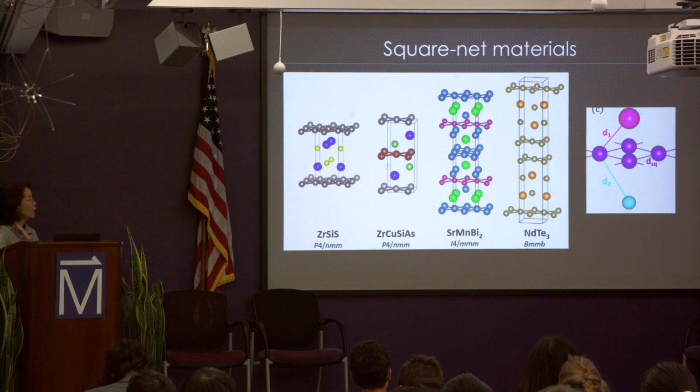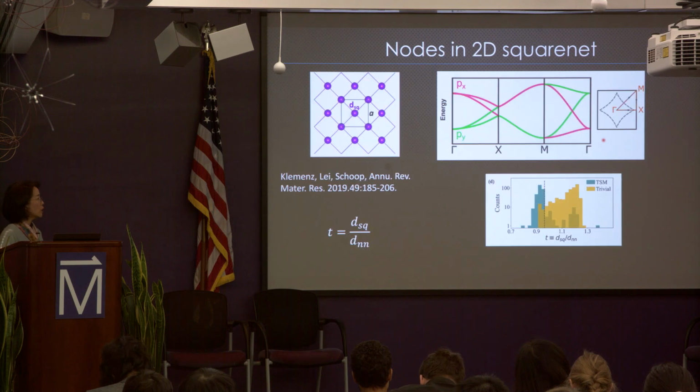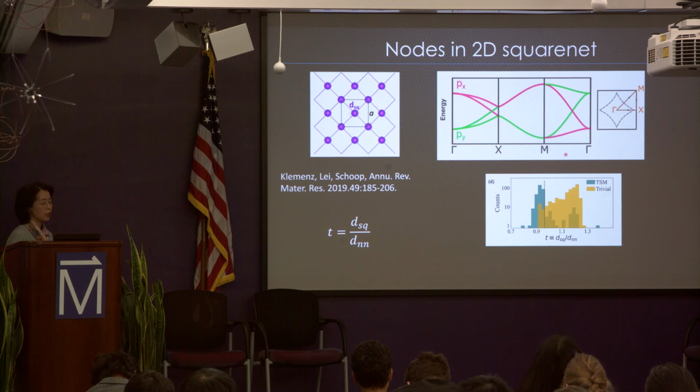So Leslie's chemist intuition was that if you have just an isolated square net, and if you think about p orbitals on a square net, you can reason what kind of band structure you would get, rather simply by just doing the nearest neighbor hopping tight-binding model. You have px and py orbitals, and this is the kind of band structure you would get.